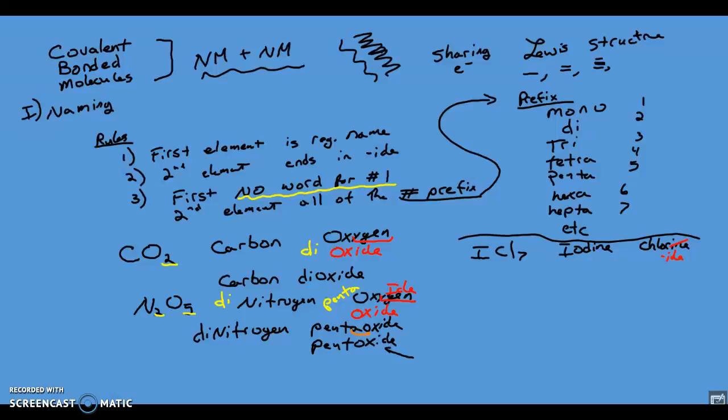There's no mono here, we only use di, tri, and so on, so we're good for iodine. But for chlorine, we're going to use hepta. So overall, we will have iodine heptachloride.